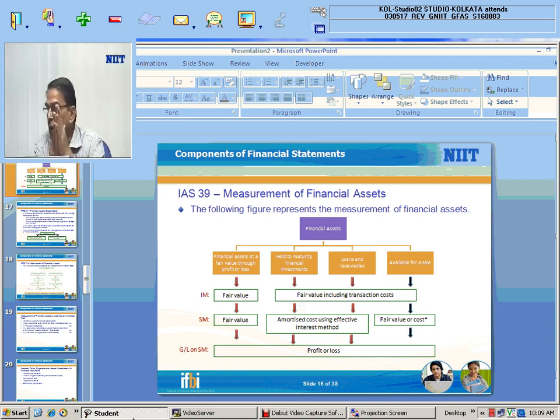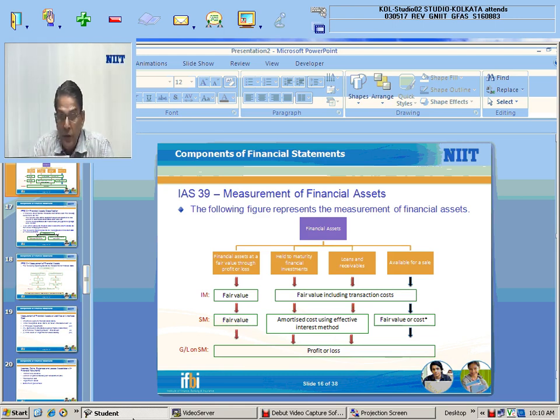Now we talk about measurement of the various types of financial assets. For financial assets which are classified as FVTPL, that means financial assets at fair value through profit and loss, initial measurement, that means when it is recognized, the first measurement will be at the fair value, subsequent measurements also will be at fair value.